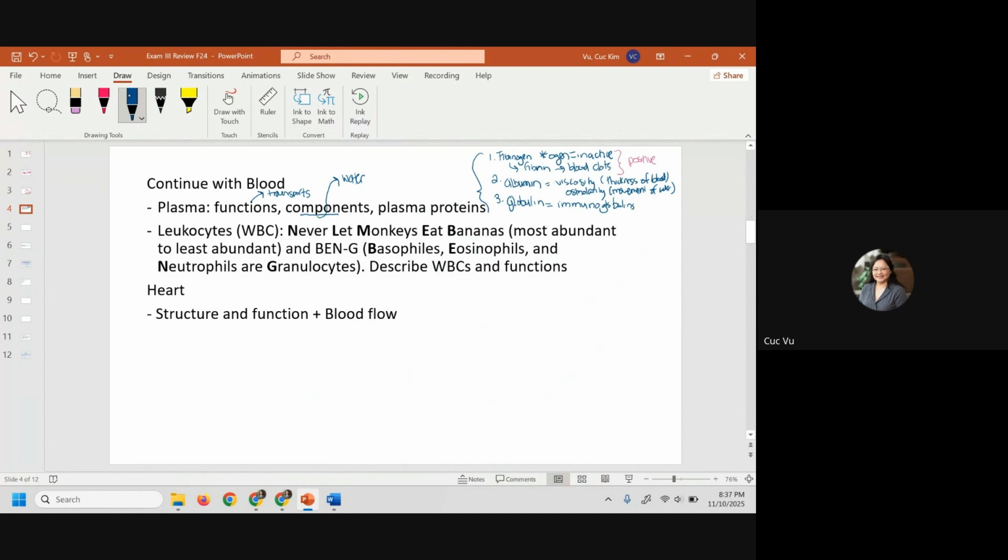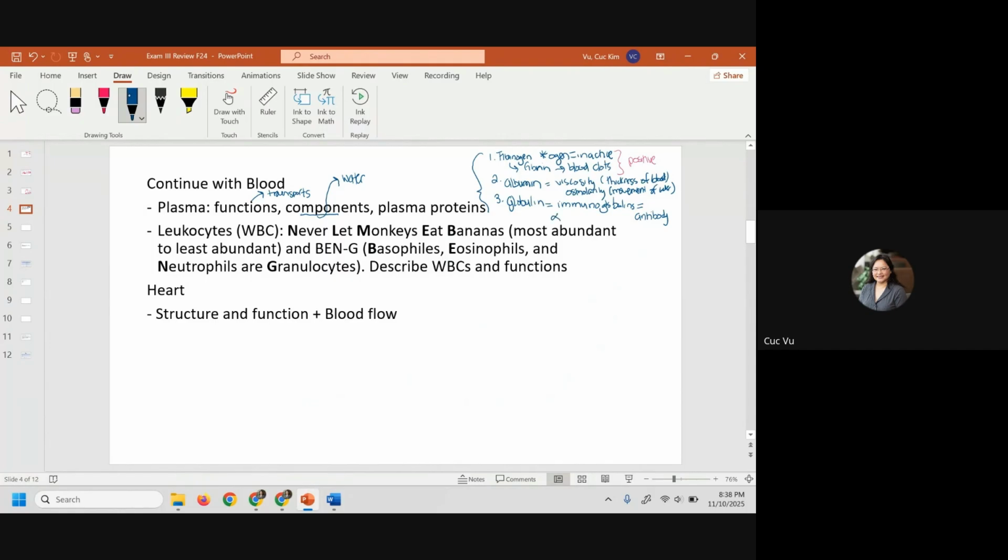And another layman's term for immunoglobulins is antibodies.